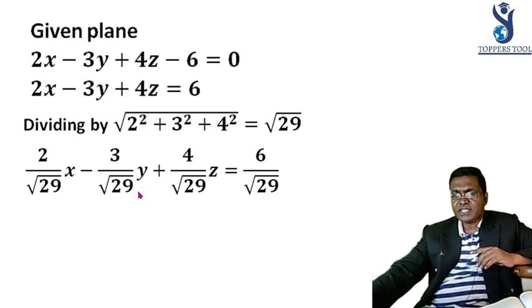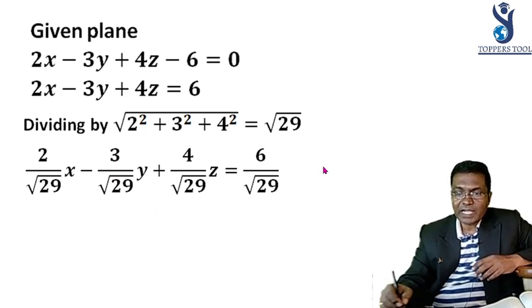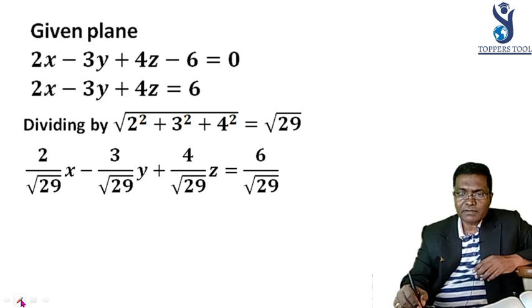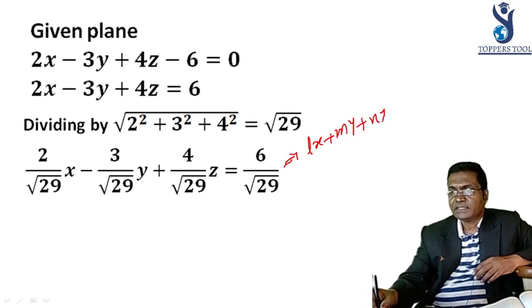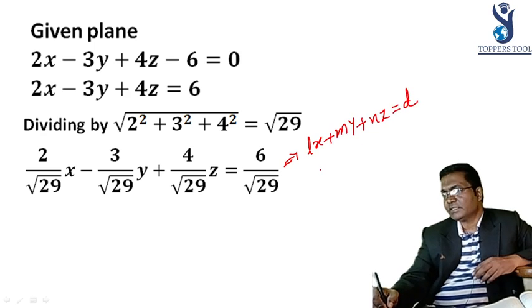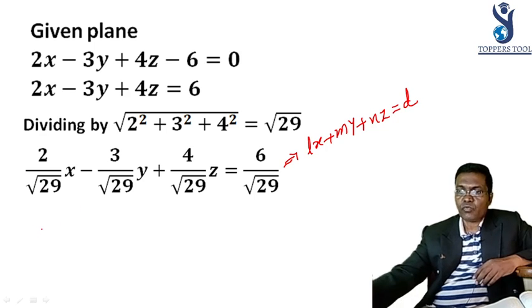Now this stands for L, M and N. This is your L, this is your M, this is your N, and this is in the standard form, the form Lx plus My plus Nz equal to D. So this is in the normal form. Clearly, if you square and add them, you will definitely get 1. What are the direction cosines now?